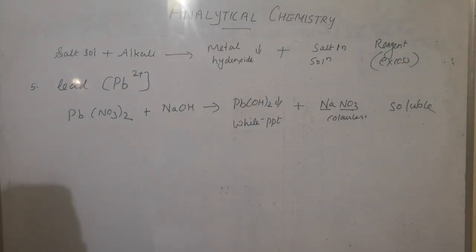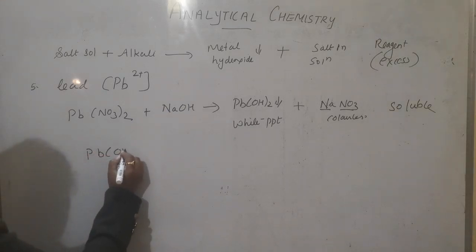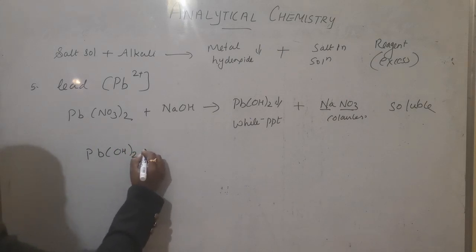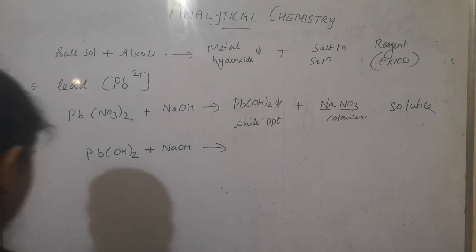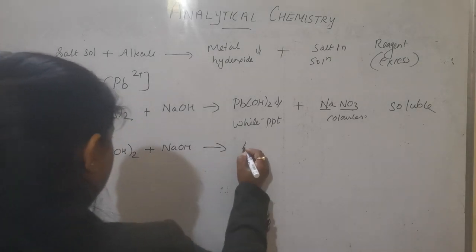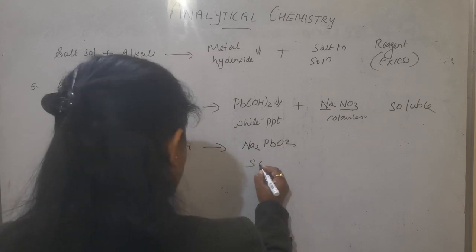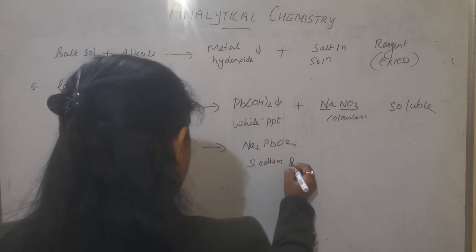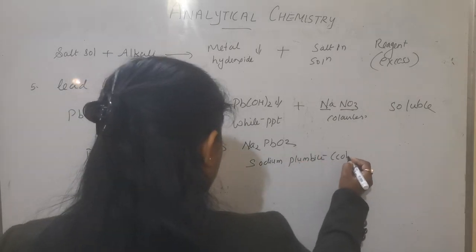So this will give the confirmatory test for the presence of lead salt or calcium salt. NaOH in excess, you will get sodium plumbate, and that is also colorless.